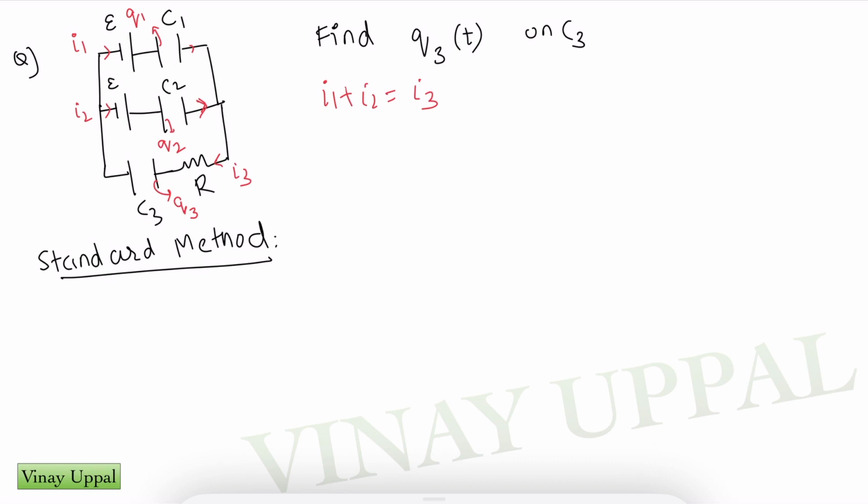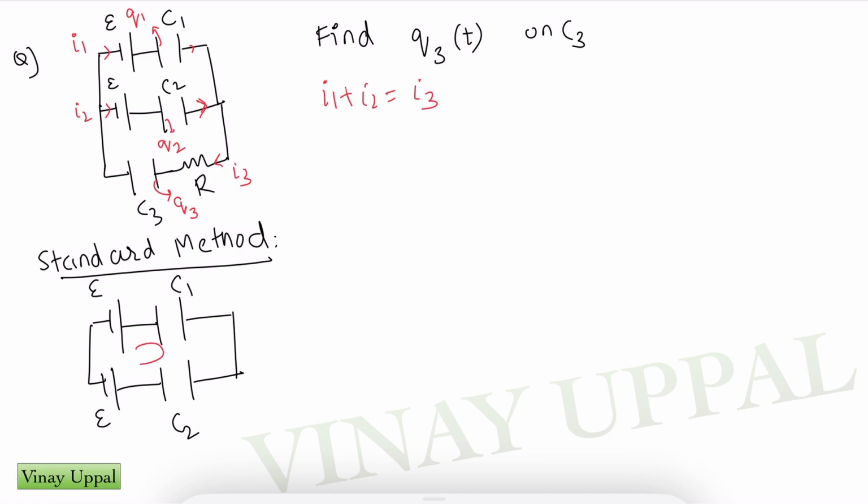Now I'm going to write the loop law, let's say in the uppermost loop first. So let me just redraw that diagram. E, C1, sorry, my mistake, E, C2, and of course you have the lower branch as well, but I'm not drawing that for now. I have a current I1 flowing this way, and a current I2 flowing this way.